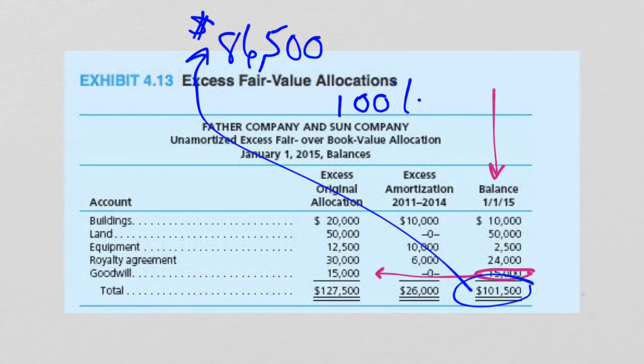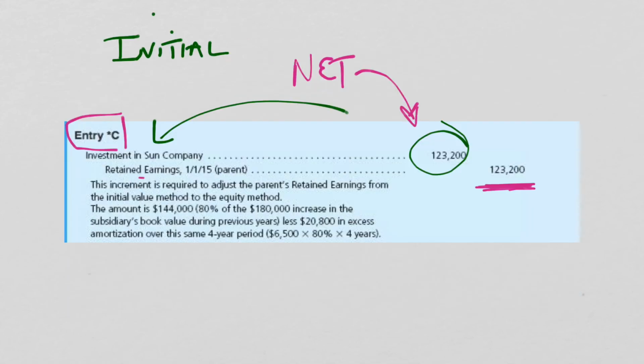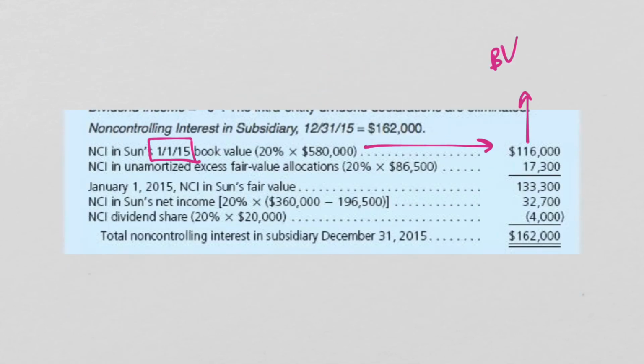This is all theory that we've gone over before. But how does that work here? It works from the standpoint of the 86.5, which is that differential we just saw, not including the goodwill since that goes to the parent. 20% of that has to belong to the non-controlling interest as well.